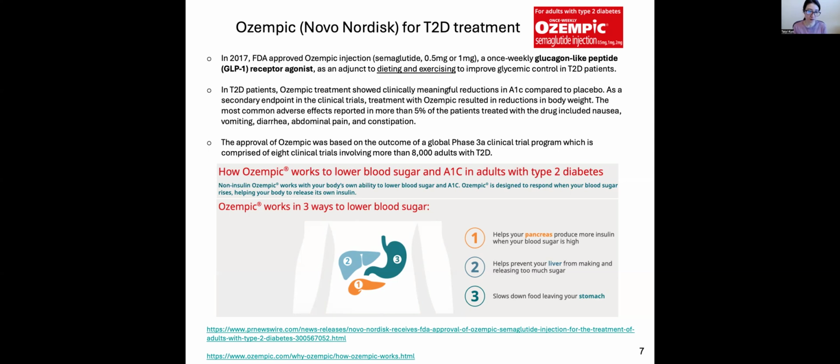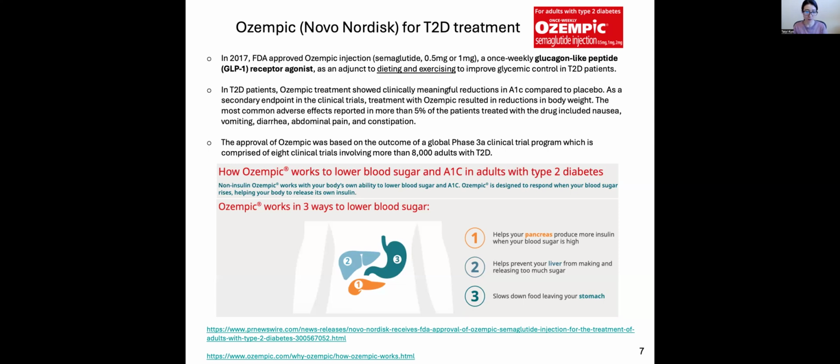The approval of Ozempic by the FDA was based on the outcome of a global phase 3A clinical trial program comprised of 8 clinical trials involving more than 8,000 adults with type 2 diabetes. So that's quite impressive. And Ozempic works to lower blood glucose level and HbA1c in adults with type 2 diabetes through the following.